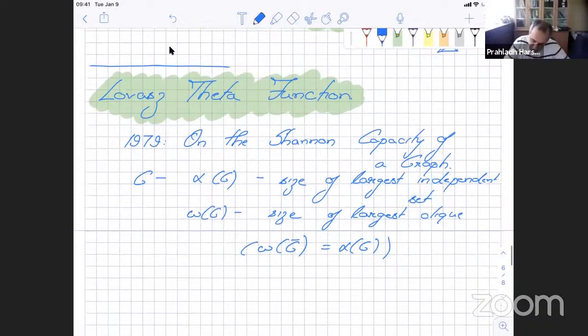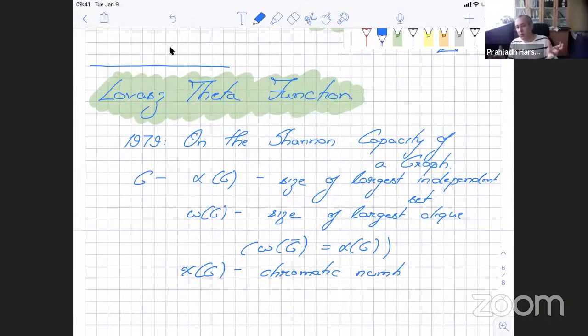Then there's chi of G, which is the chromatic number of a graph. What is this? It's the minimum number of colors required to color the vertices of the graph so that no edge is monochromatic.